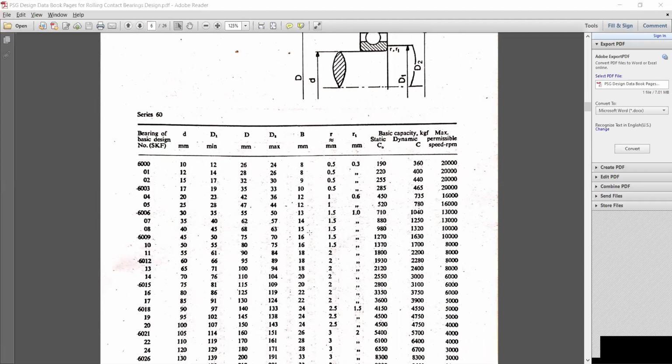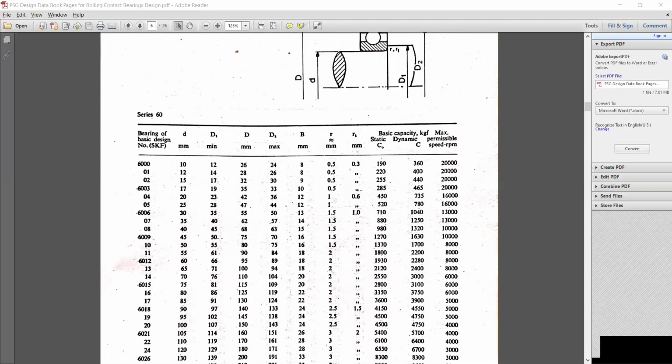The first two digits give the bearing series. As we know, 6 is the series used for deep groove ball bearings, and 0 is extra light. If we go further, 1, 2, 3, 4, then 4 is the extra heavy series provided over here. So based on this designation, you can find out which bearing is suitable for your application.